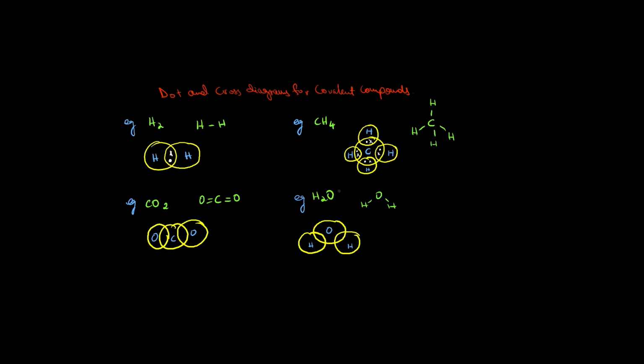Now, this is when there is a single covalent bond, right? But what if we have a double covalent bond? You can see that these two are double covalent bonds, right? Now let's look at their structures. We know that carbon has 4 valence electrons, so it can give 2 electrons to each of the oxygens, right?